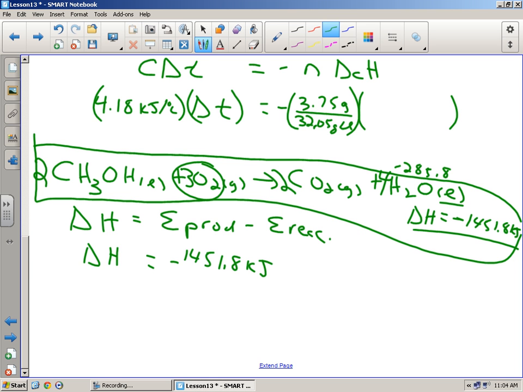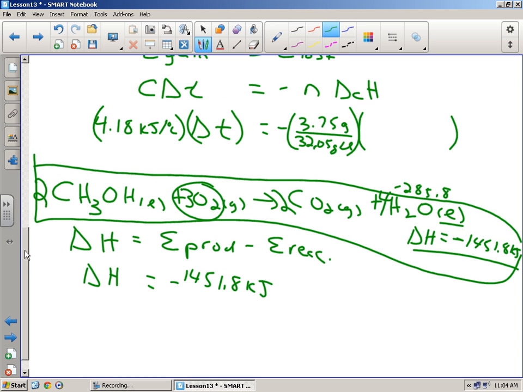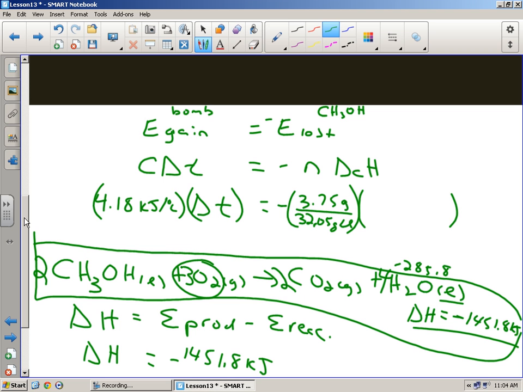How much am I actually burning? Am I burning 2 moles? I doubt it. It looks like 3.75 grams out of 32.05. That's about a tenth of a mole, so roughly 0.1 of a mole. That's how much I'm burning, right?